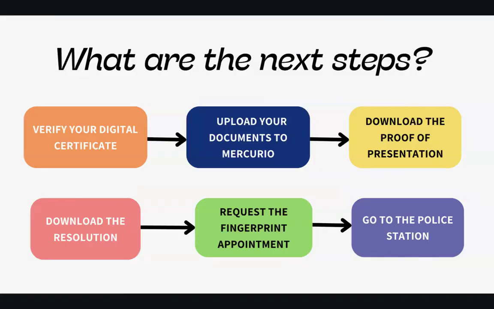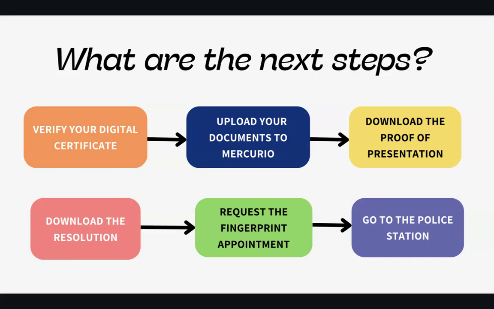So what are your next steps now? Verify that your digital certificate is valid. And if it's valid, you can start preparing your documents and upload your documents to Mercurio. When you are going to renew and start submitting your stuff in Mercurio, you have to download the proof of presentation.